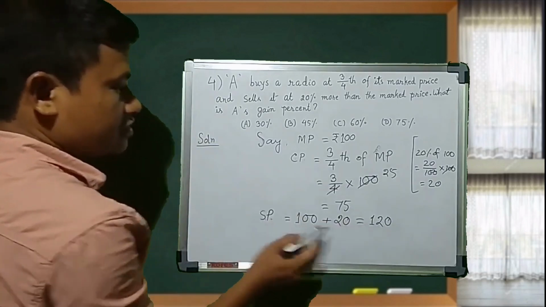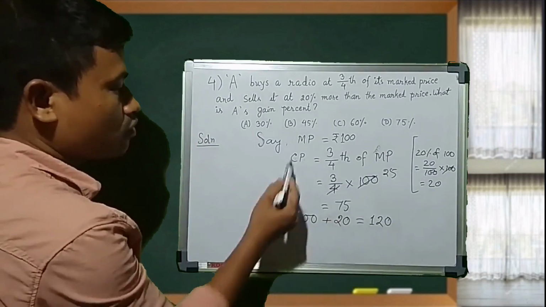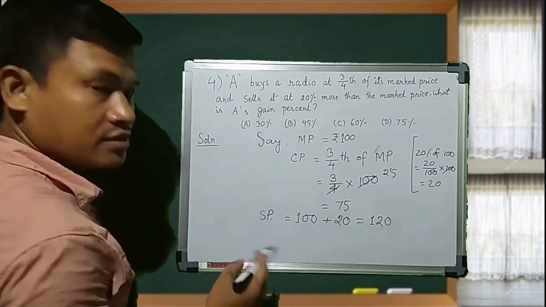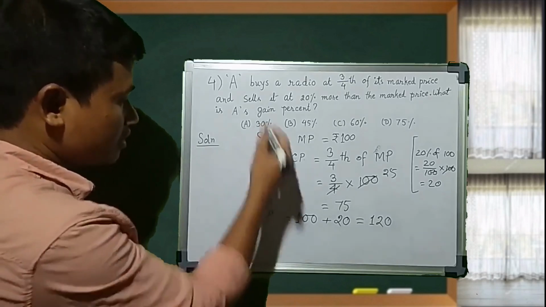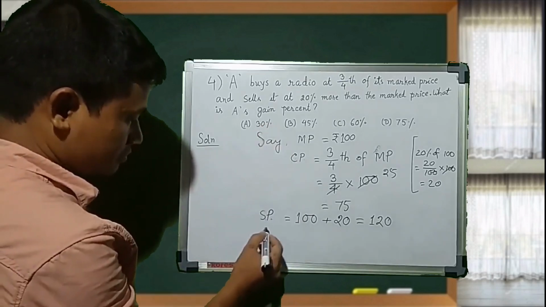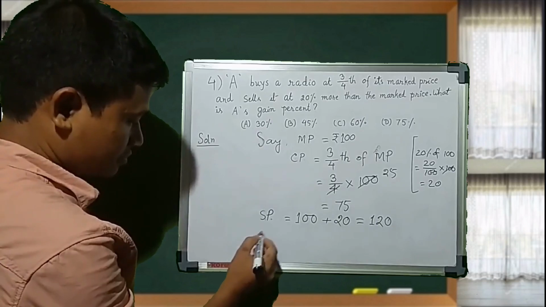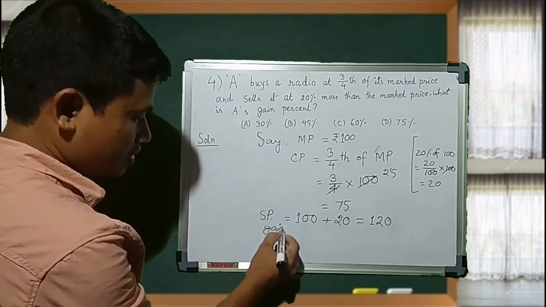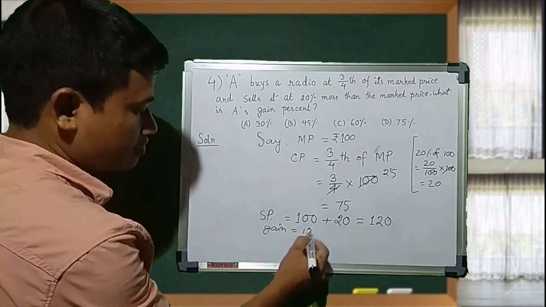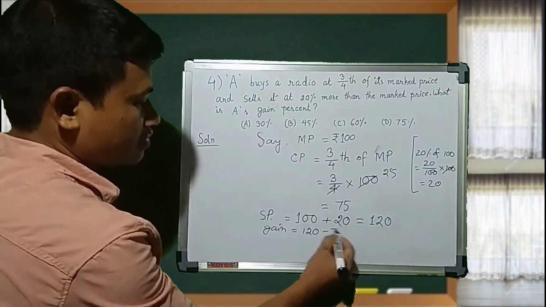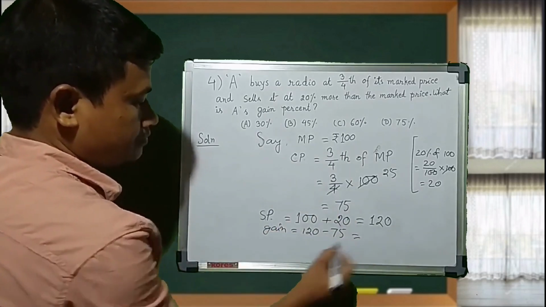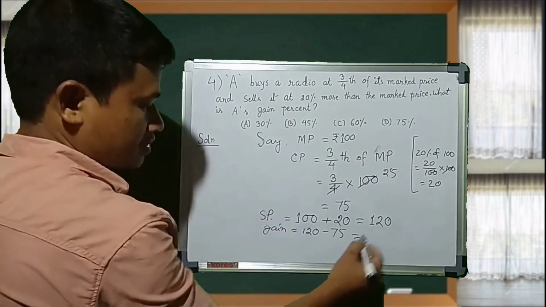You can clearly see that the sell price is more than cost price. That is why there will be a profit, or gain. So what is the gain? Gain will be 120 minus 75 rupees, SP minus CP.